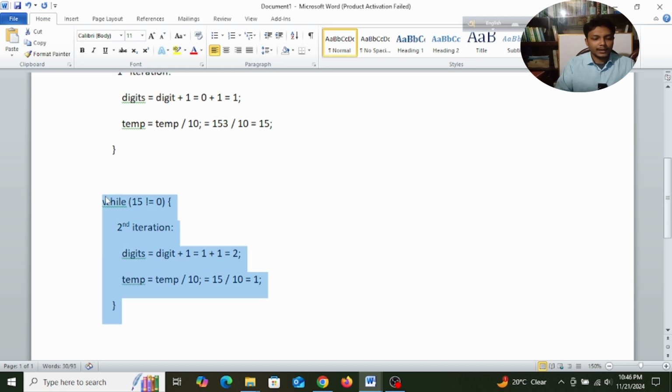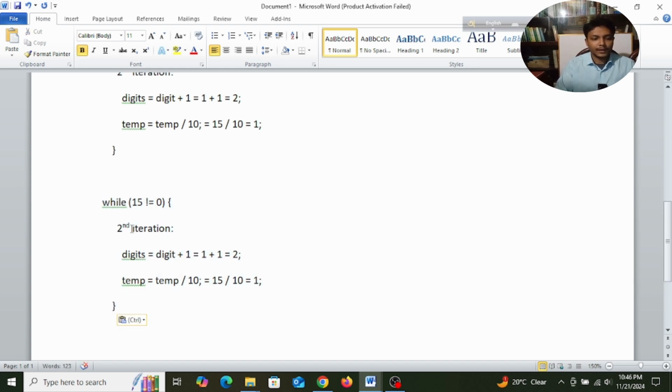In the third iteration, what do we get here? Previous digit was 2, so we will have 2 plus 1 equals 3. And now temp: temp was 1 in the previous iteration, right? 1 divided by 10 equals 0, guys.